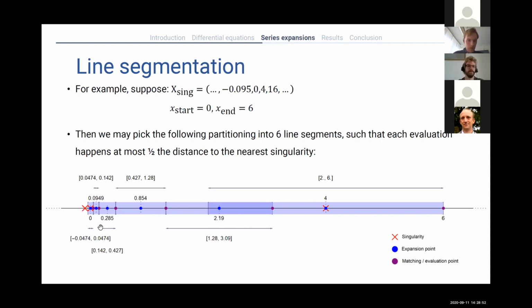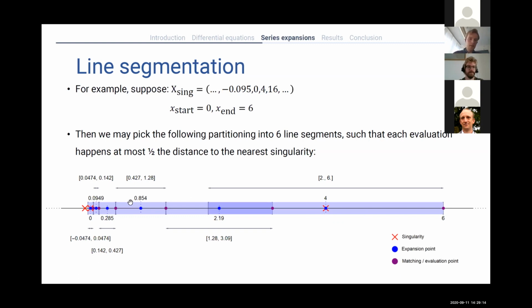So essentially what starts to happen is that your first expansion has a very small radius of convergence, but then the next one becomes a bit larger, and it becomes increasingly larger because there's quite a distance to bridge before you reach the new singularity, which here is drawn at 4.